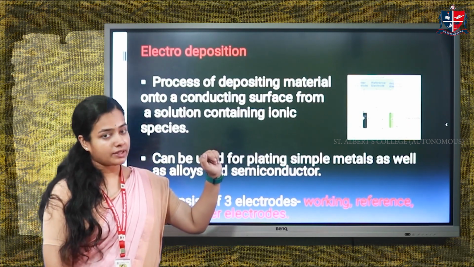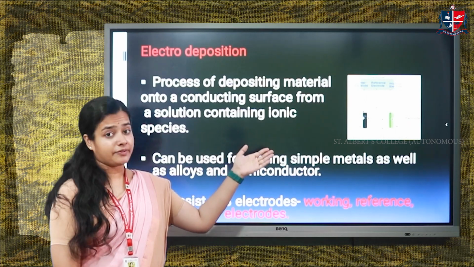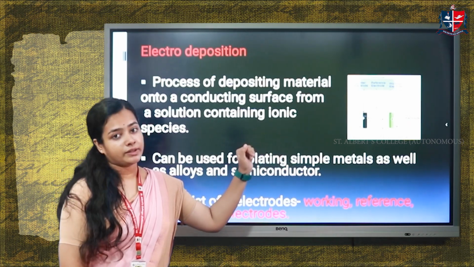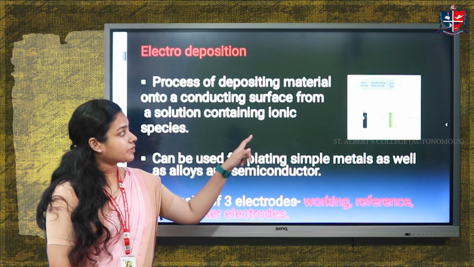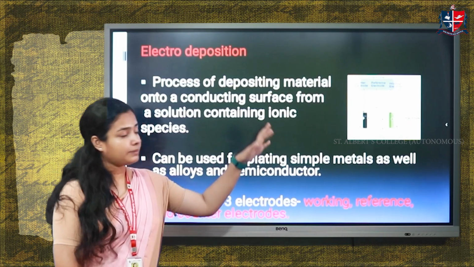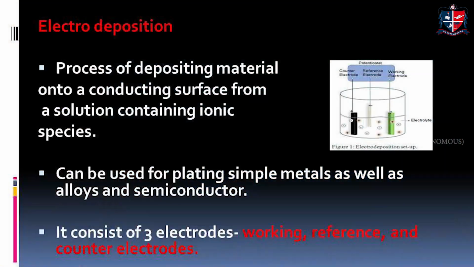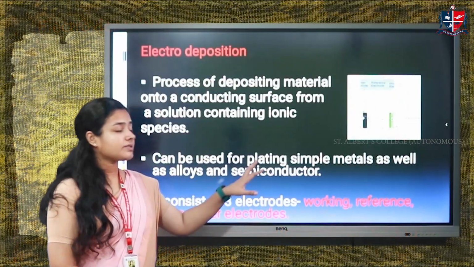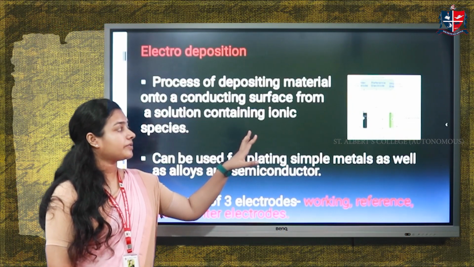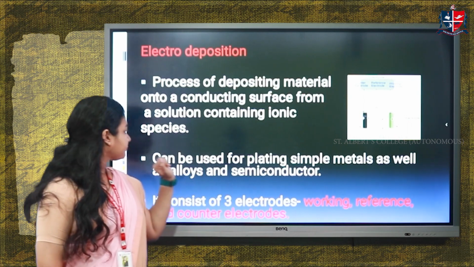First one is the counter electrode, then we have a reference electrode, and then the working electrode. The counter electrode is just to complete the circuit, and the working electrode is the one on which we are coating or plating our thin film. Then the reference electrode is just standing there for reference for the potentiometer.